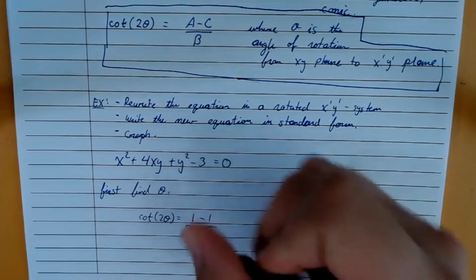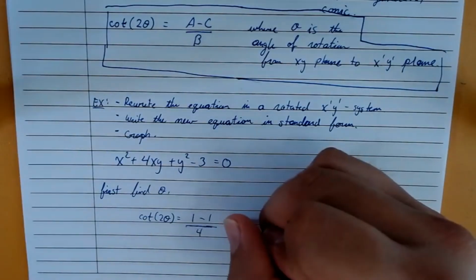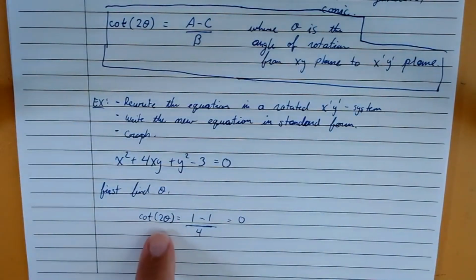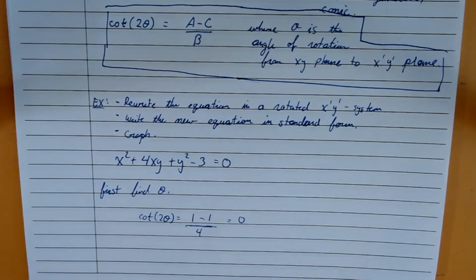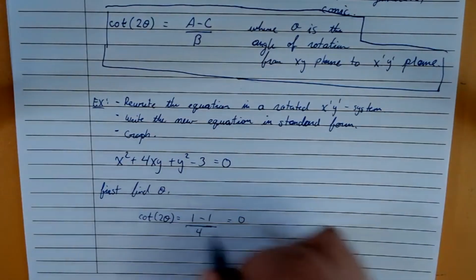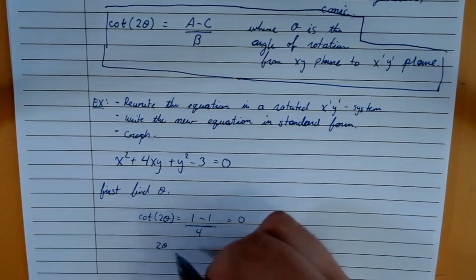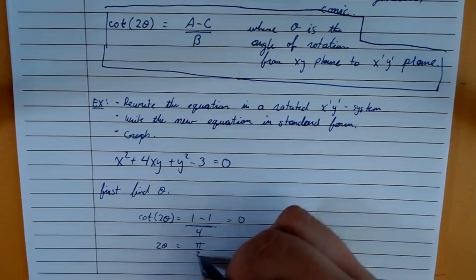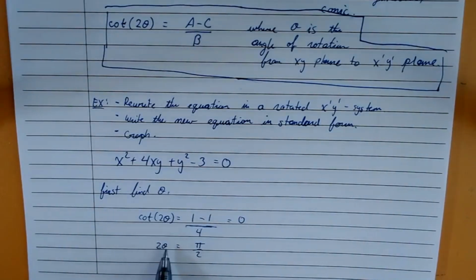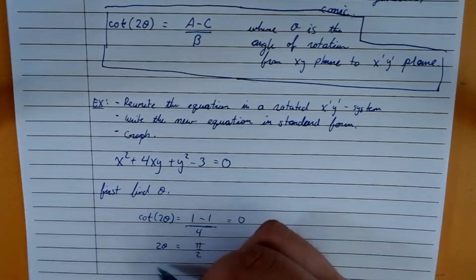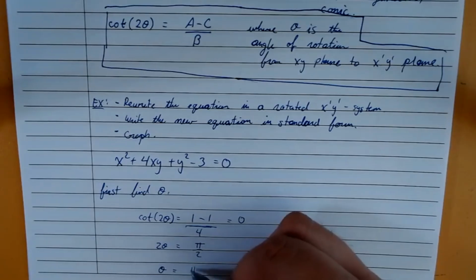So 1 minus 1 is 0, over 4 is still 0. So we want the cotangent of 2 theta equals 0. The cotangent of 2 theta is equal to 0 at pi over 2. That means 2 theta is equal to pi over 2. Now to find theta, all I have to do is divide both sides by 2. So theta is equal to pi over 4.